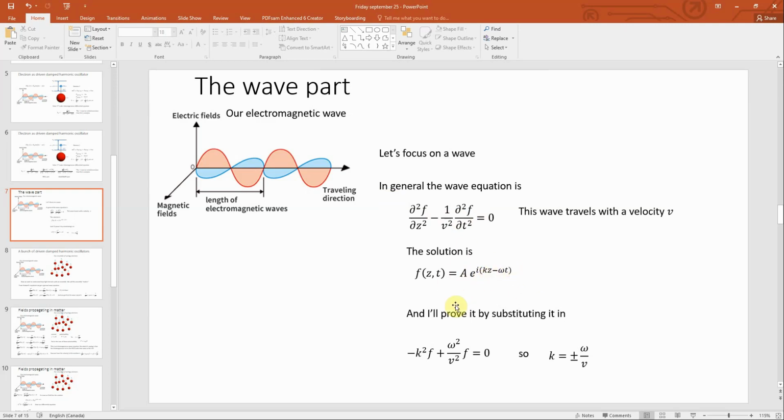Since this is a second order differential equation, it needs two orthogonal solutions, so you could say A e to the i(kz minus omega t) plus A e to the minus i(kz minus omega t), and you'll recognize that as cosine of kz minus omega t, which is what we had said before. But we're going to keep this complex notation because it ends up simplifying the math, ironically, even though it's complex. So we'll prove that this is the solution by substituting it in.